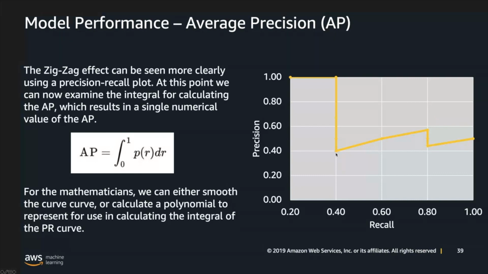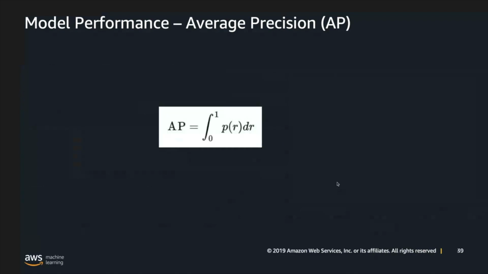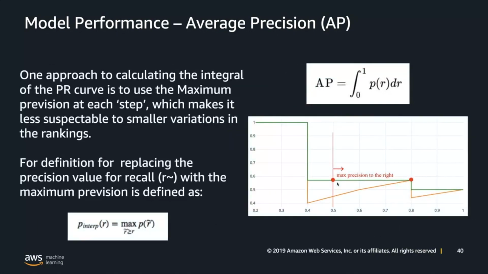If you've ever played with integrals, the area under a curve is effectively the integration of that curve. Once we take that value, we get a single numerical value, which is our AP score. That's the smoothing effect I'm showing you here. That single numerical value gives us the ability to compare two different models.